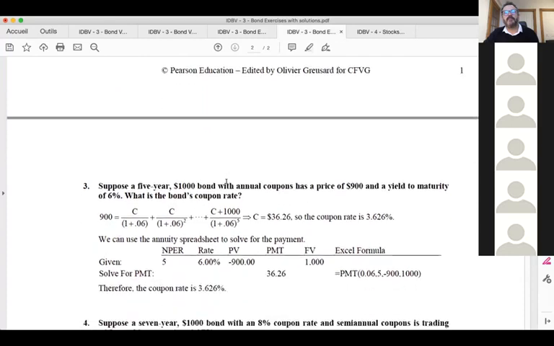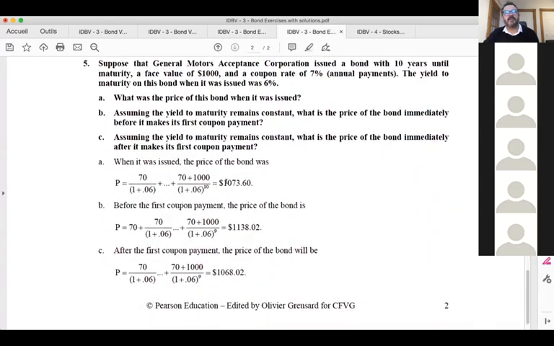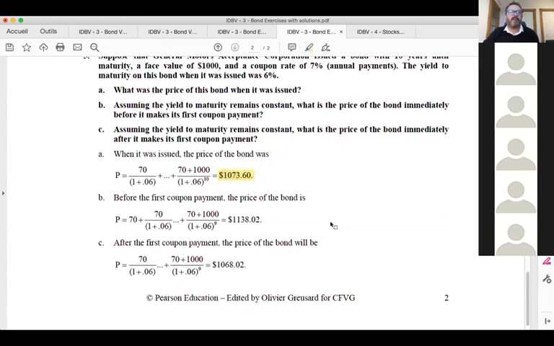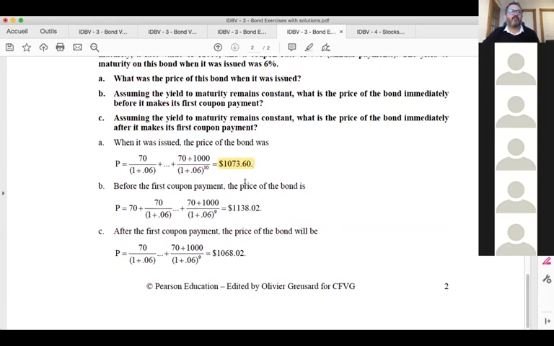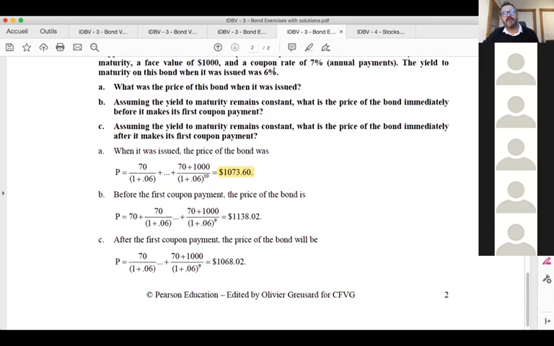So these are the answers. What is the price when it was issued? We don't have all the details of the calculation, but you know how it works. So it's 1,073.60. Before the first coupon, you have two ways to do that. You take 1,073.6 times 1.06.